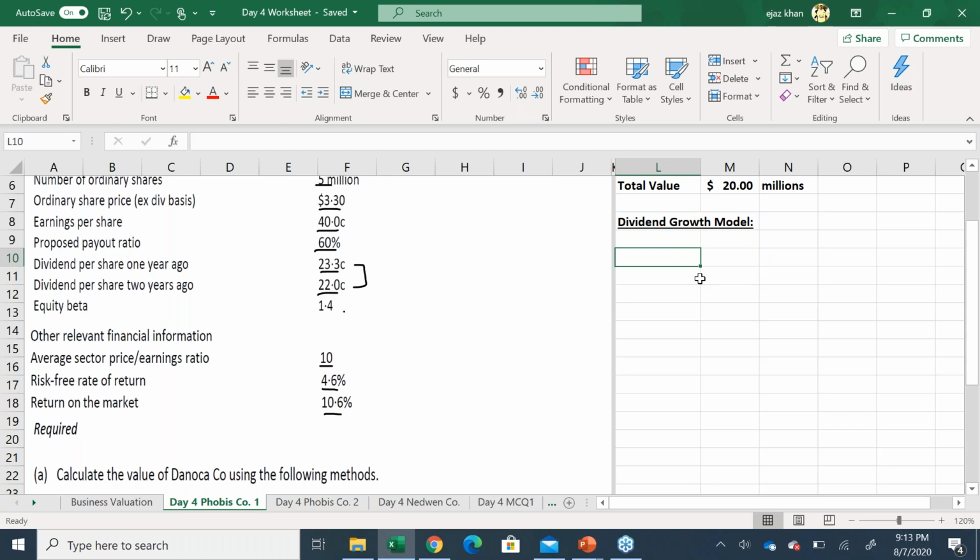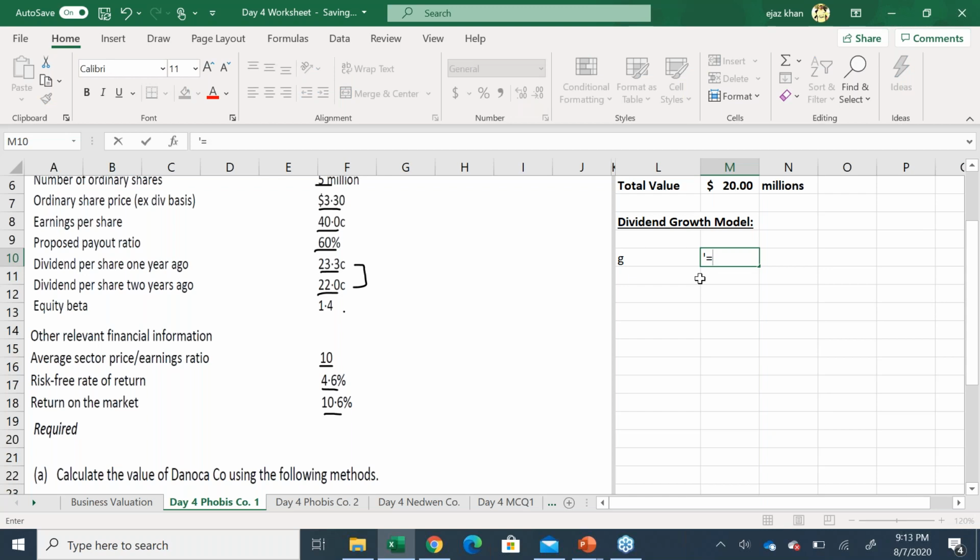First of all, we need to find out the growth rate, and growth rate can be calculated through the compound interest formula, and we can change that compound interest formula to calculate the growth. Let me show you the formula. This is what you should always be using.